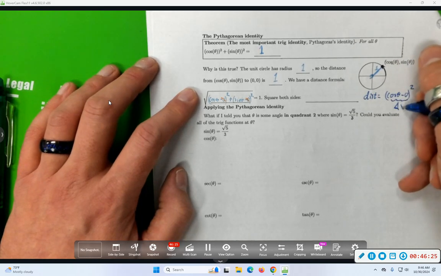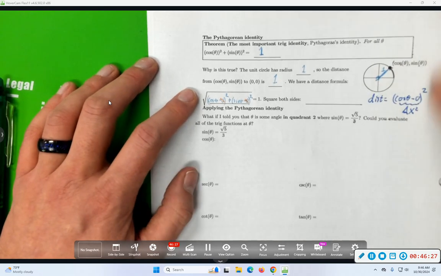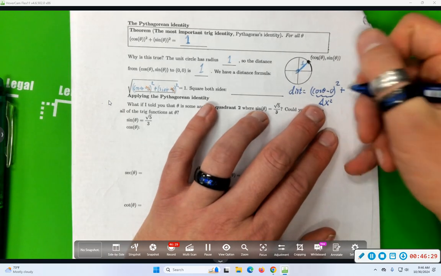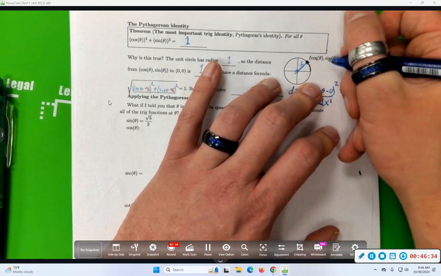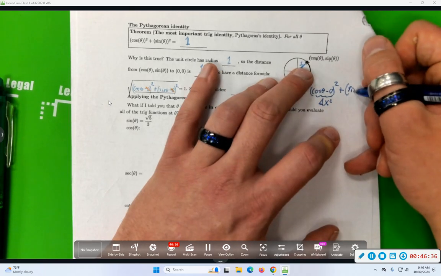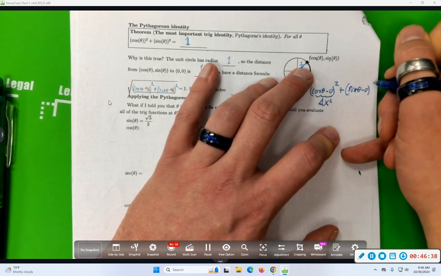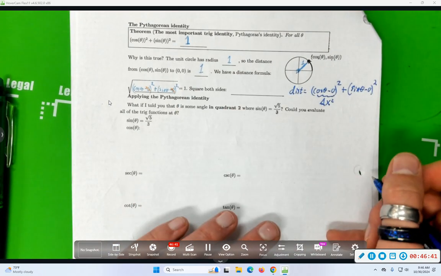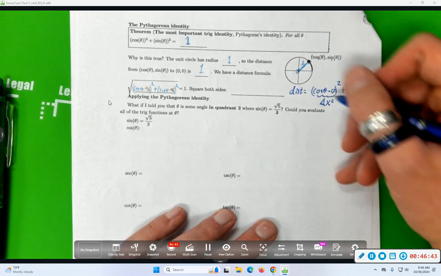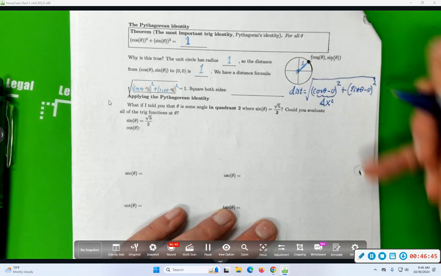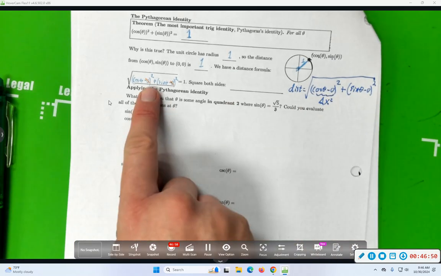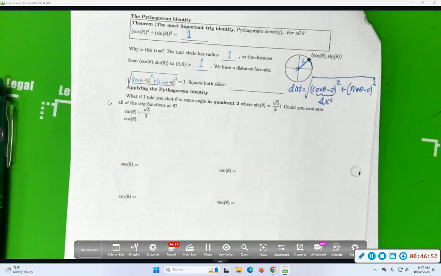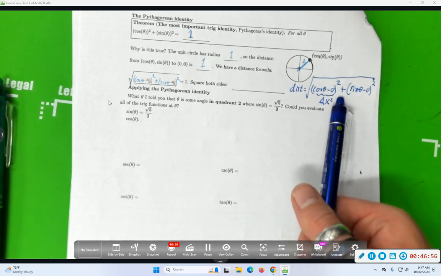So there's like the delta x squared, plus the difference between the y values, and then you square it. So that's y minus 0. So sine theta minus 0, and then you square it. And the distance formula also has a square root. So that's what was written there. But then the minus zeros, you look at it and say, I don't care about the minus zeros. So all of this is equal to 1.